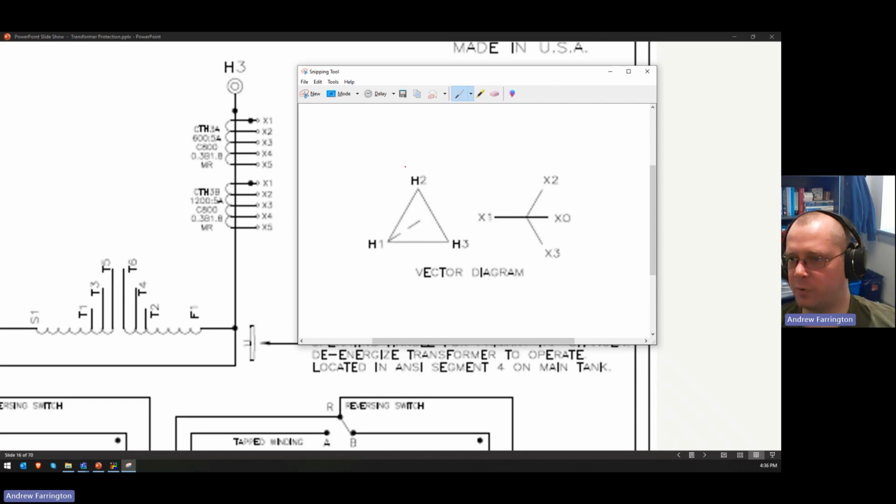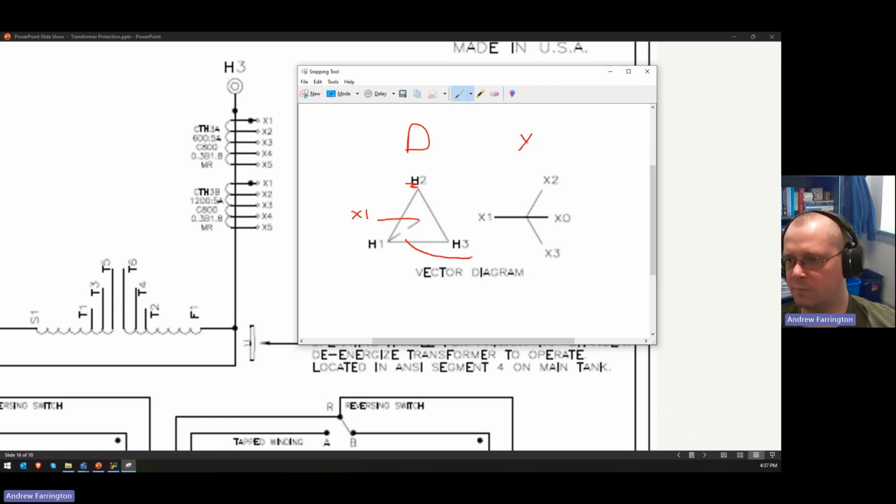So the high voltage, because of the H, is a capital D. The low voltage winding is a Y, so it's a lowercase y. High voltage is capital, low voltage is lowercase, right? And if you extend this vector over onto this delta, this is where the X1 would be.